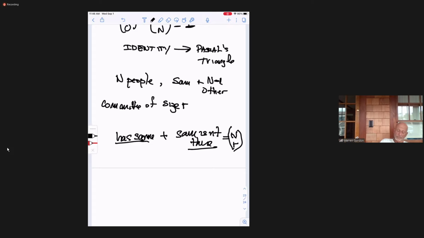If Sam is a member of that committee, then I need to choose r minus 1 more people from the remaining n minus 1 people, right? Because I already have Sam, so I only need r minus 1 more people. On the other hand, if Sam is not there, I still need r people. And if Sam's not to be on the committee, I'm choosing them from n minus 1 people.